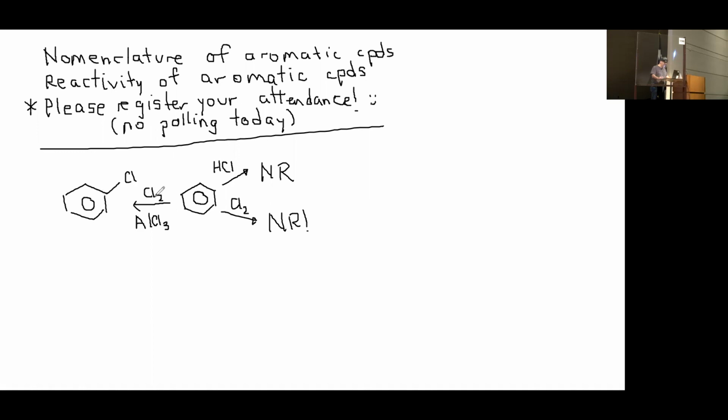The same thing would work with Br2, you'd replace it with a bromine. And of course the other product is HCl. So this is not an addition reaction, this is a substitution reaction. One of the H's on benzene and one of the halogen atoms of Cl2 or Br2 switch places. It's not addition, it's substitution. We'll get into that next time, but these are the sorts of reactions we're going to see.